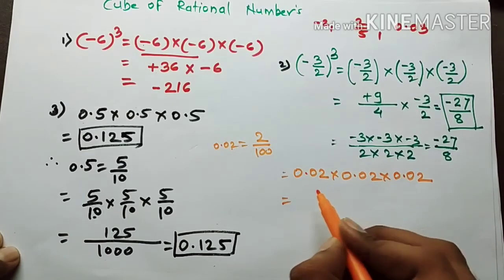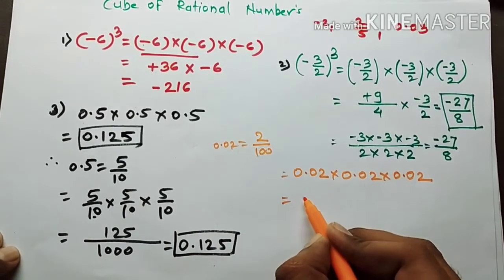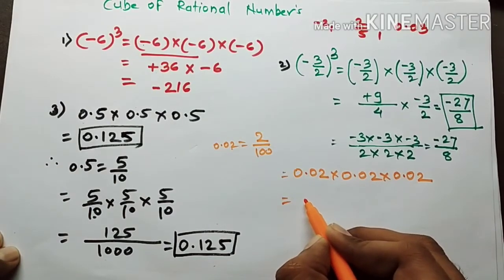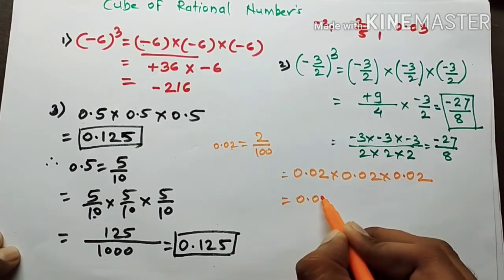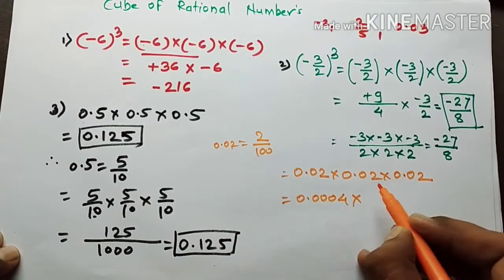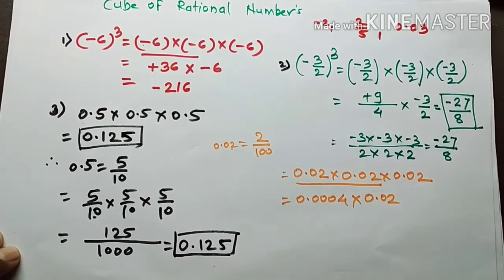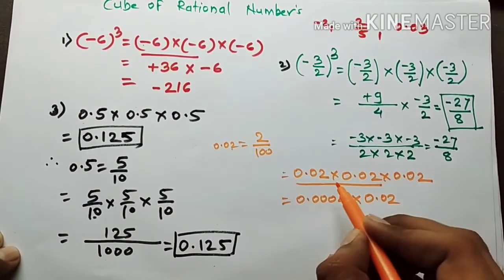Here we get 0.004 into 0.02, meaning you have to multiply first.